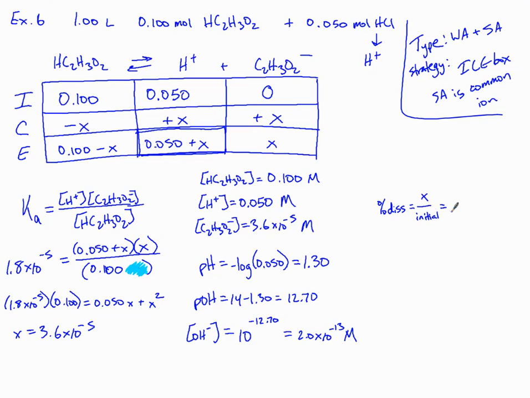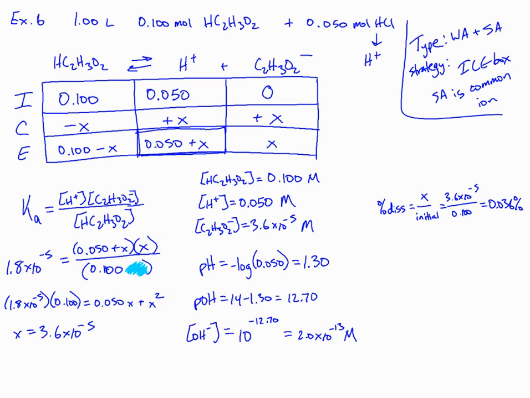So it is 3.6 times 10 to the negative fifth, and the initial was 0.1 molar, and we end up with 0.036% dissociation.